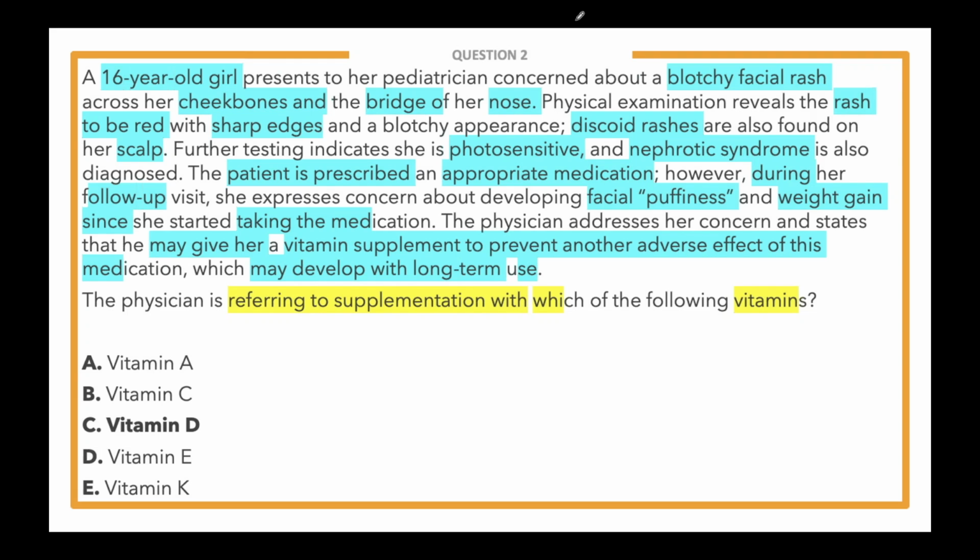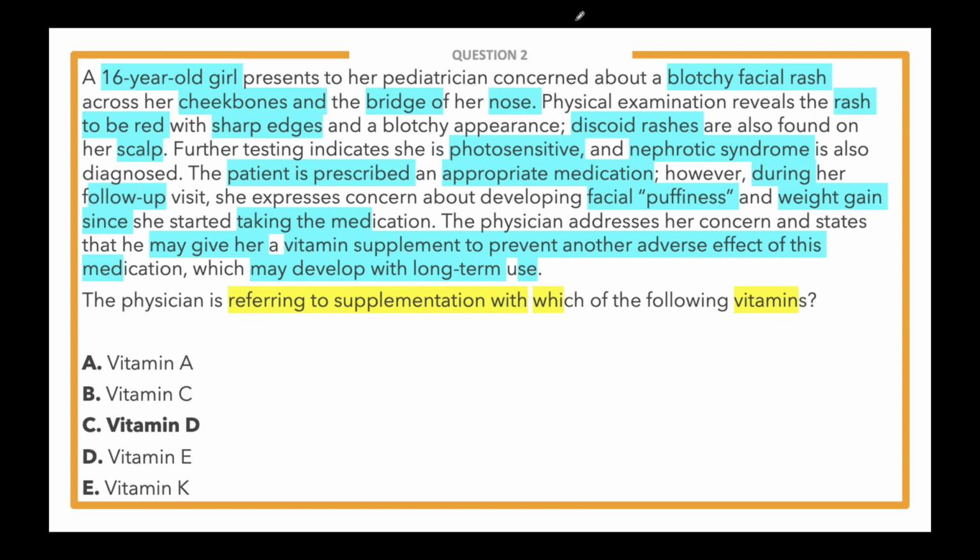Vitamin E deficiency might be seen in some conditions associated with fat malabsorption, like pancreas issues, but it's not commonly associated with the use of any medication. Vitamin C deficiency, usually caused by low intake or uptake. Lastly, vitamin A, that's not commonly associated with the use of any medication. So the most appropriate answer would be vitamin D.